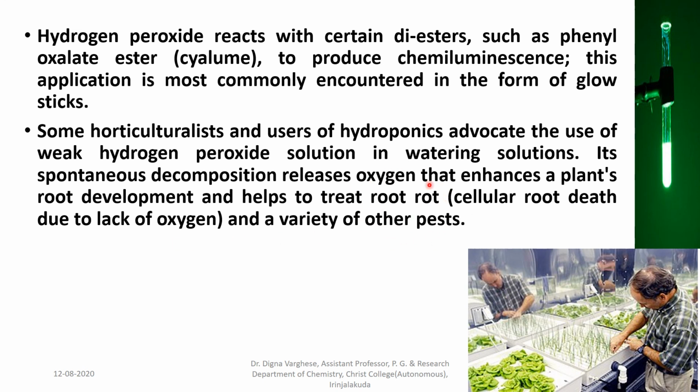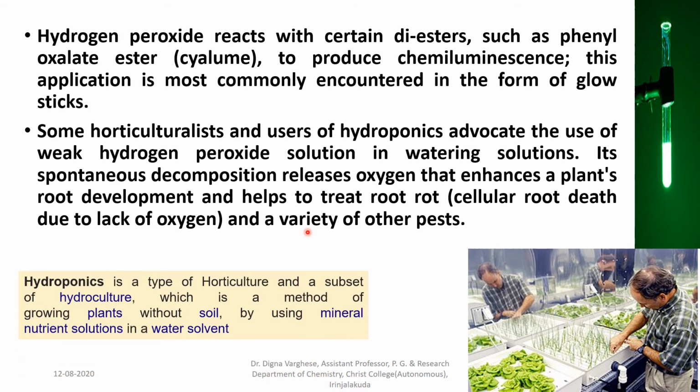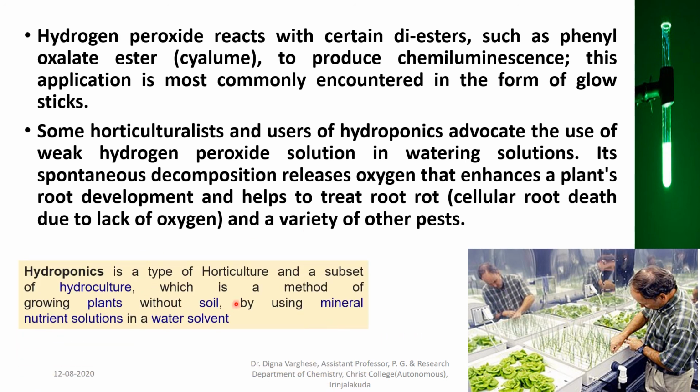So by hydrogen peroxide decomposition, oxygen enhances plant root development. Hydroponics is a type of horticulture and a subset of hydroculture, which is a method of growing plants without soil by using mineral nutrient solutions in a water solvent.